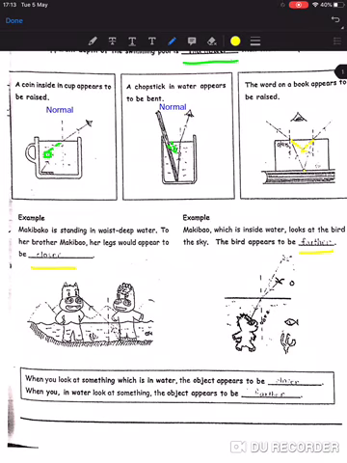And it's explained by the lines drawn on the diagram. And in here, when you look at something which is in water, the object appears to be closer. And when you're in water looking at something, the object appears to be further away.